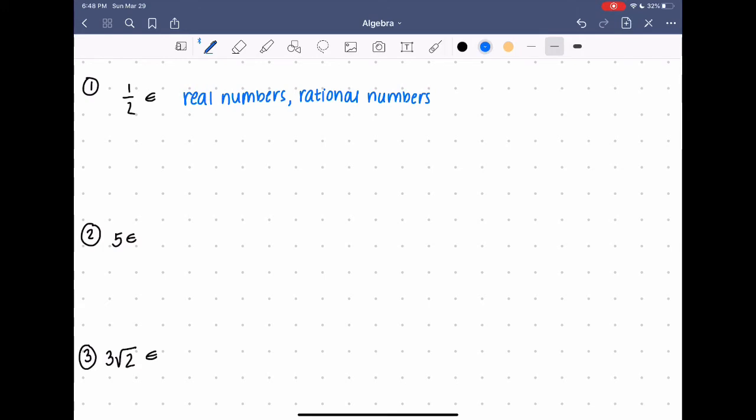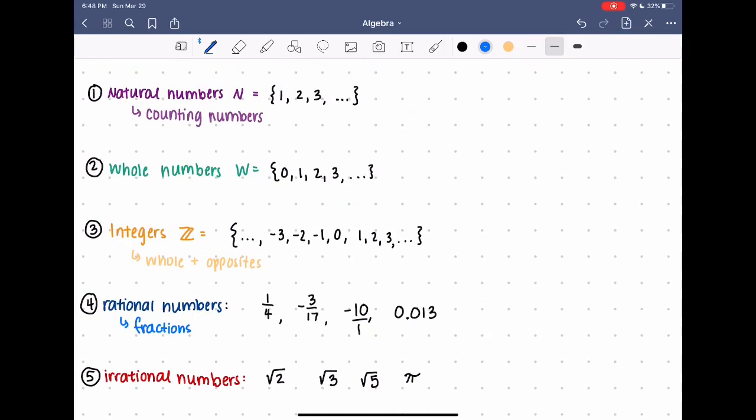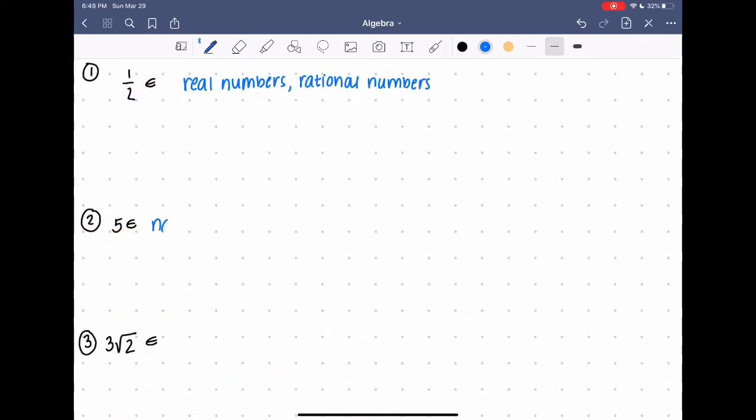Number 2, what is 5 a subset of? 5 is a subset of everything. If we look back up here, 5 is a natural number, it's a whole number, it's an integer, it could be shown as a fraction, but it would not be irrational. It belongs to the naturals, the wholes, the integers, the rationals, and of course, the real numbers, because everything is a real number.